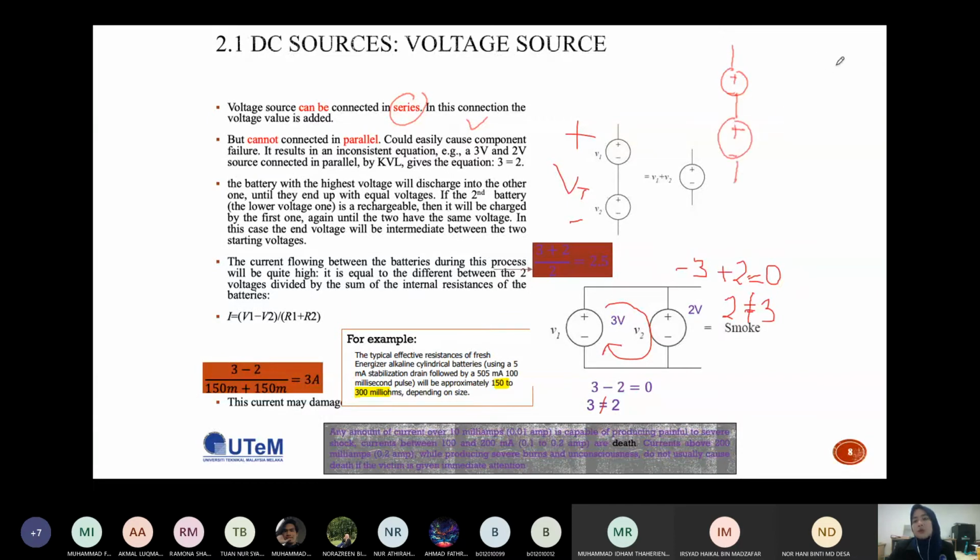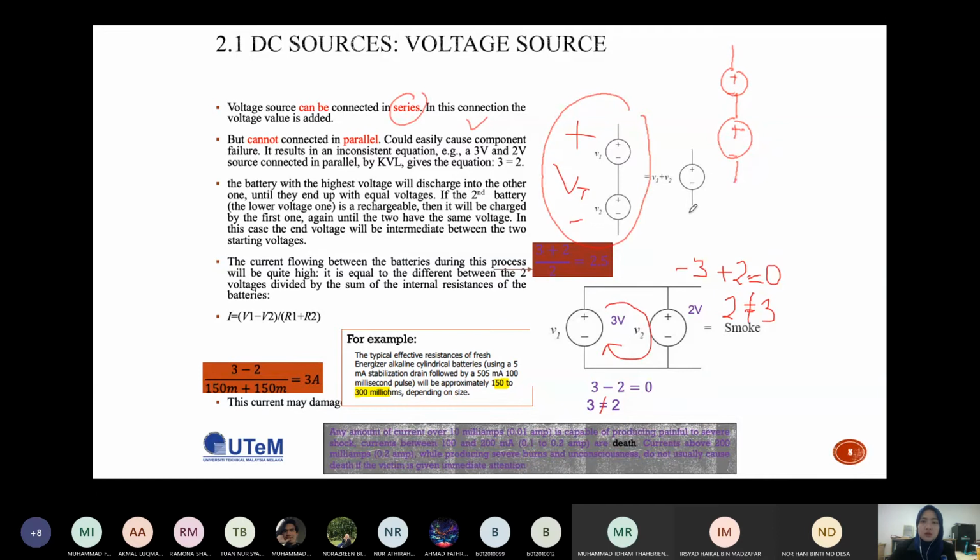If you have a connection of two voltage sources in series, you can actually simplify this. Instead of using two voltage sources, you can convert it into one voltage source.